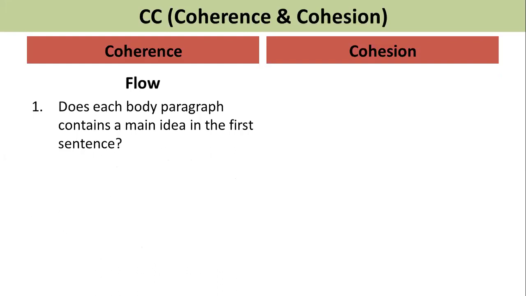The first question coherence asks us: does each body paragraph contain a main idea in the first sentence? I told you that earlier. If your reply is yes, that means you will score the full marks for my part.